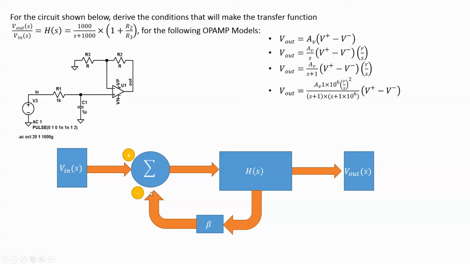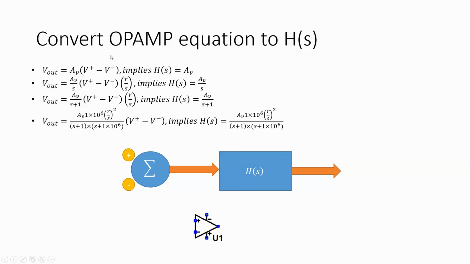So what this system diagram would be is from V in all the way to V out. We're going to just concentrate from here. We're going to change this from V in to Vx. So first we need to find the H(s). And this part here, the summer and H(s), is all inside the op-amp.